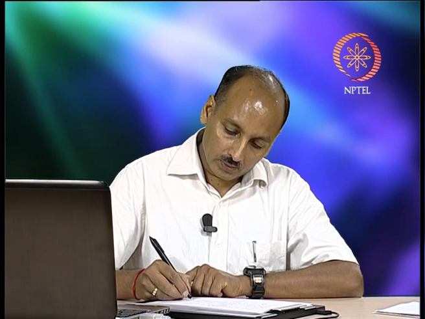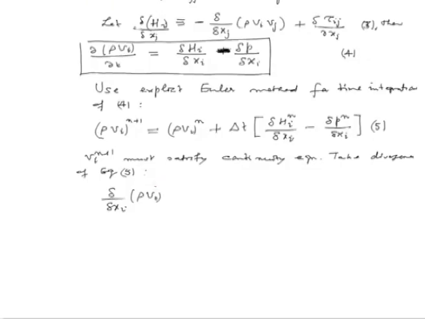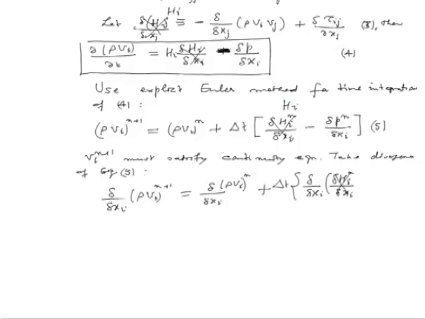So, what do we get? δ/δx_i of ρV_i^(n+1) is equal to δ/δx_i of ρV_i^n plus Δt times δ/δx_i of minus δH_i^n over δx_i, so we will have here only H_i, minus δ/δx_i of δP^n over δx_i.